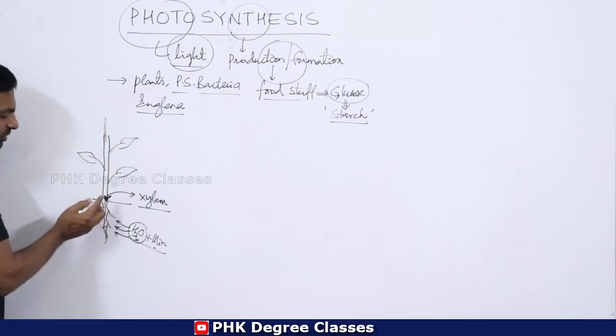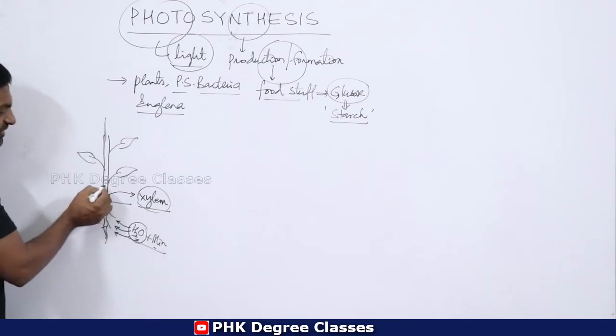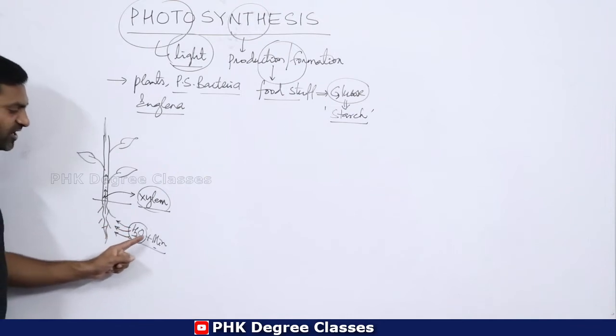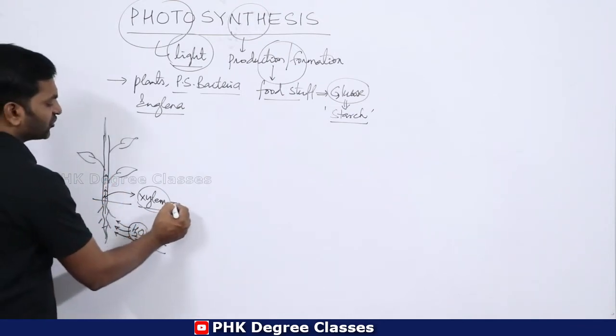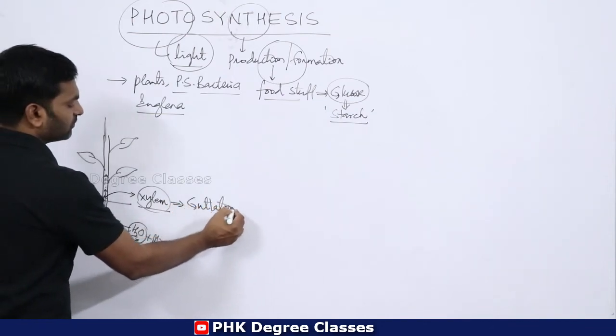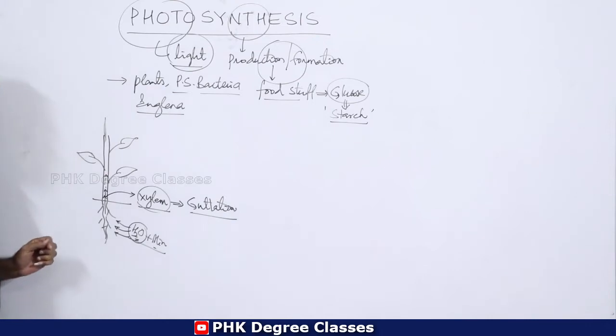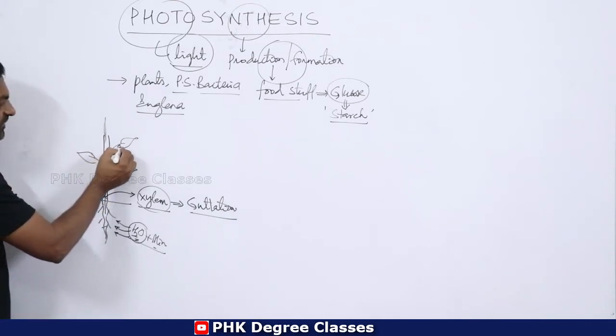This entire process of transportation of water and minerals through the xylem can be called guttation.